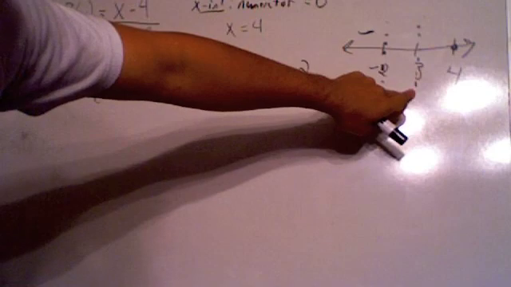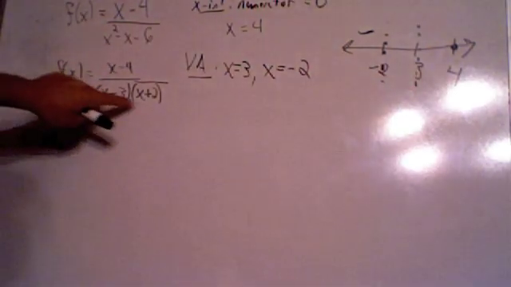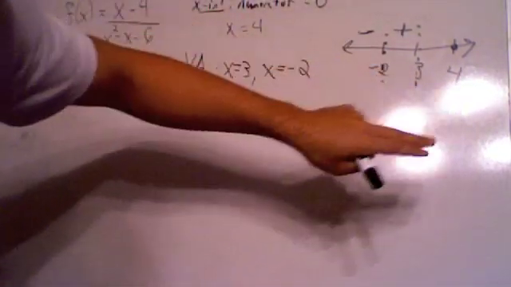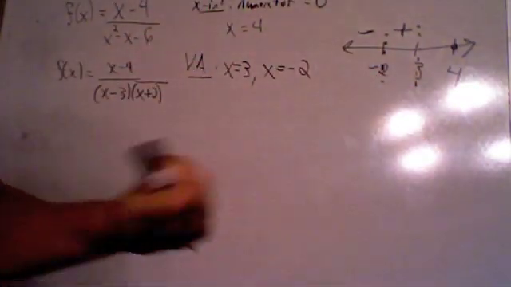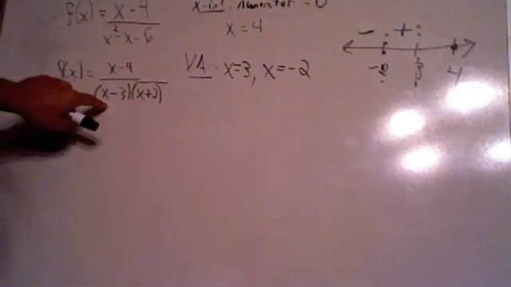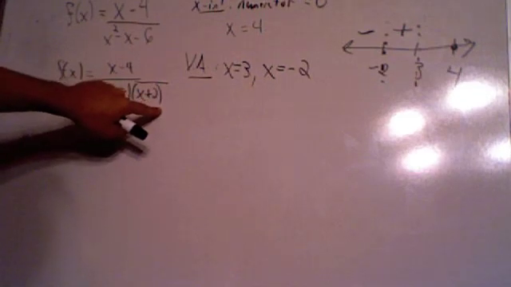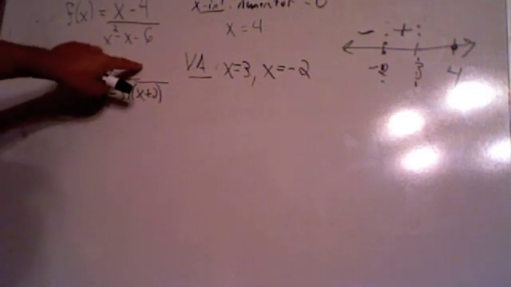Between negative 2 and 3, I can plug in 0, and you get negative, negative, positive, which gives me a positive. Between 3 and 4, how about 3.5? So 3.5 minus 4 is negative, 3.5 minus 3 is positive, and 3.5 plus 2 is also positive, so negative, positive, positive, that gives me negative.